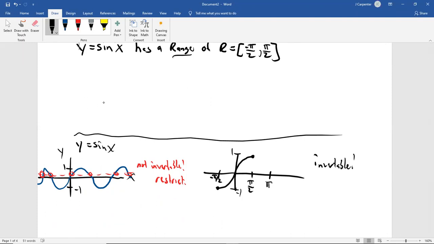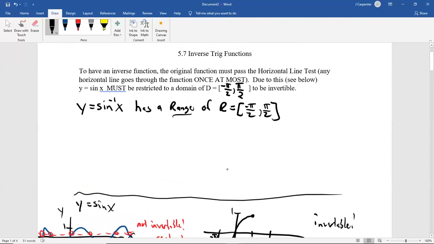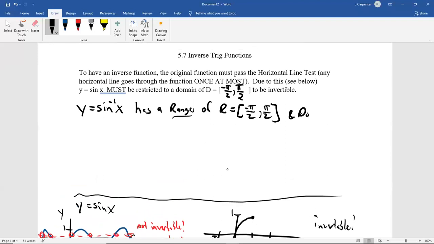So the range of sine of X, between negative 1 and 1, would be the domain of the inverse function. So that's the sine function and its inverse.